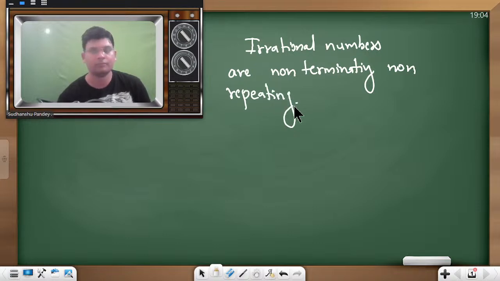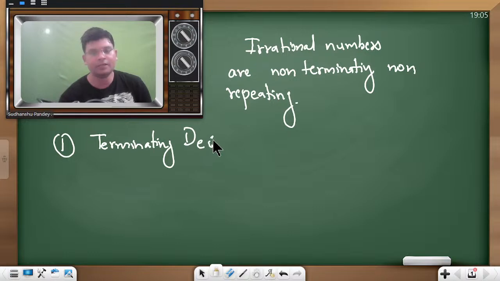Okay. How many kinds of decimal numbers are there? There are three kinds of decimals. One is terminating decimal.